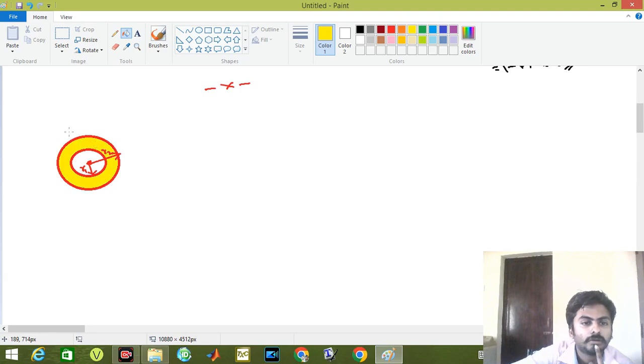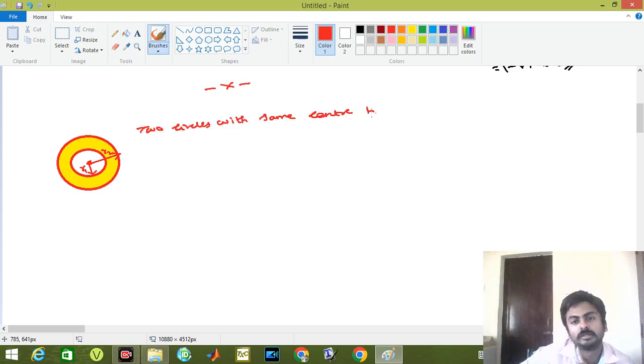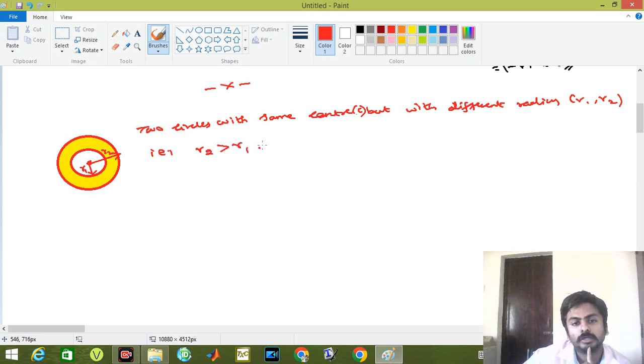Circles with the same center but with different radii r1, r2, center C, that is r2 greater than r1.